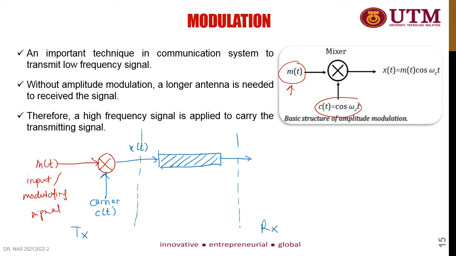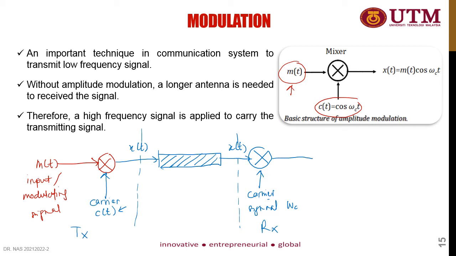In the receiver part, x(t) is received and multiplied again by a carrier signal having a frequency more or less equal to the earlier carrier frequency, with omega C frequency as in the first place.